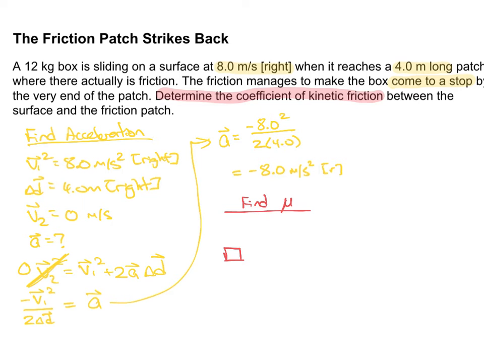It's going to be the same one as the previous problem, with the gravity and normal canceling out, and this being slowed down by friction. So the net force, which equals ma due to Newton's second law, again is going to simply equal the force of friction.